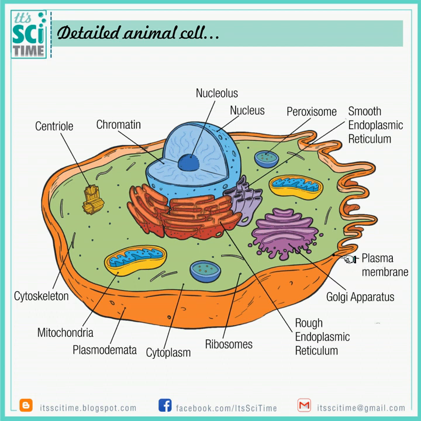Then these are the mitochondria and also peroxisomes and the centriole. The whole cell is surrounded by the plasma membrane or cell membrane, and it is filled with the cytoplasm.